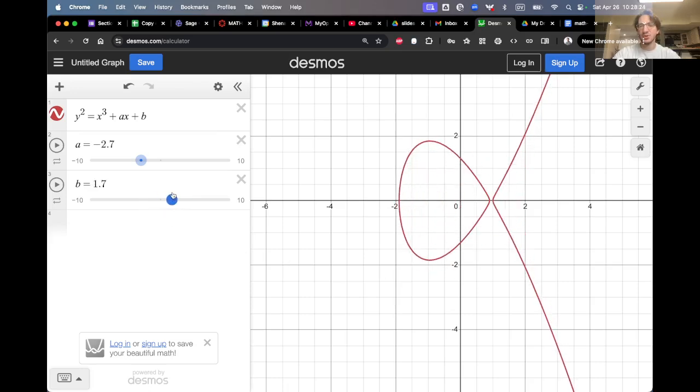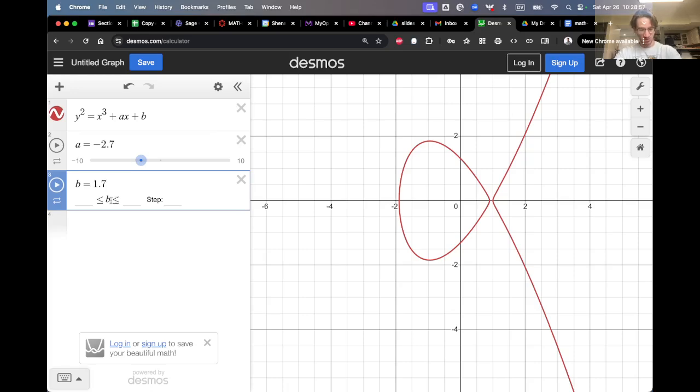Now you might notice that there's one shape I'm leaving out, and that's the shape that we get when these two pieces collide with each other. That's going to happen exactly when 4a cubed plus 27b squared is equal to 0. We can see that if I set 4a cubed equal to negative 27b squared, then what would I get?